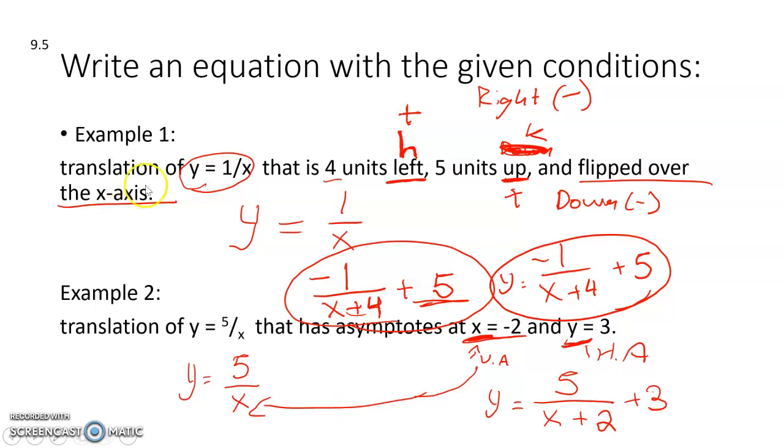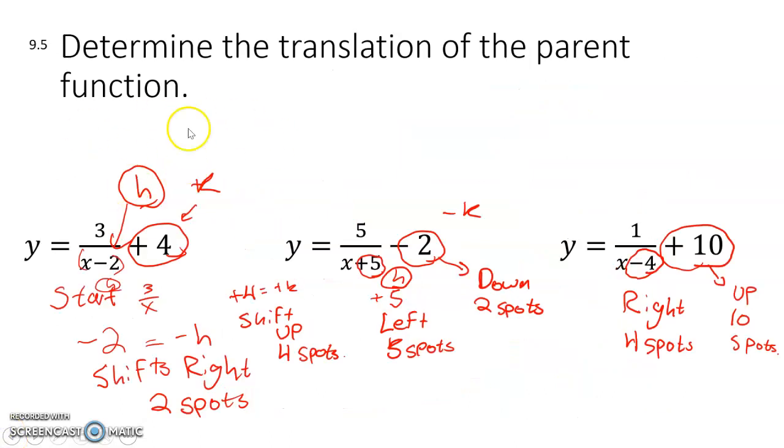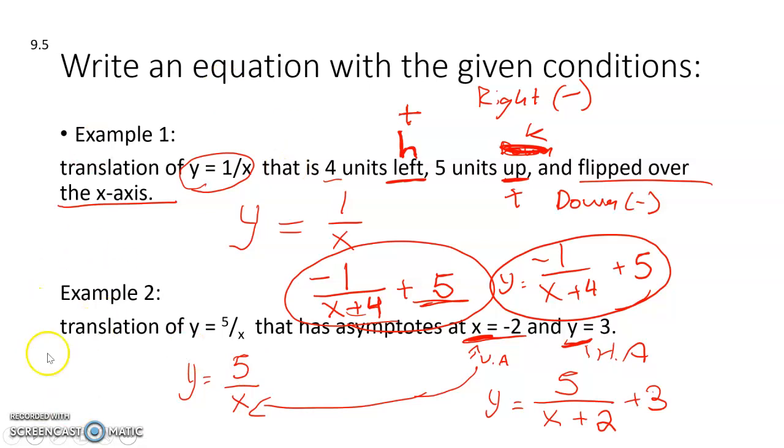All we really want you to do is the write the equations, because you're going to have a couple questions that look like this. Write the equations with the given conditions, and you're also going to have determine the translation of the function. So I'll explicitly state the questions that I want you guys to do in the Google Classroom post. But for right now, only do the translation questions, and we'll get to the graphing stuff when I come back.